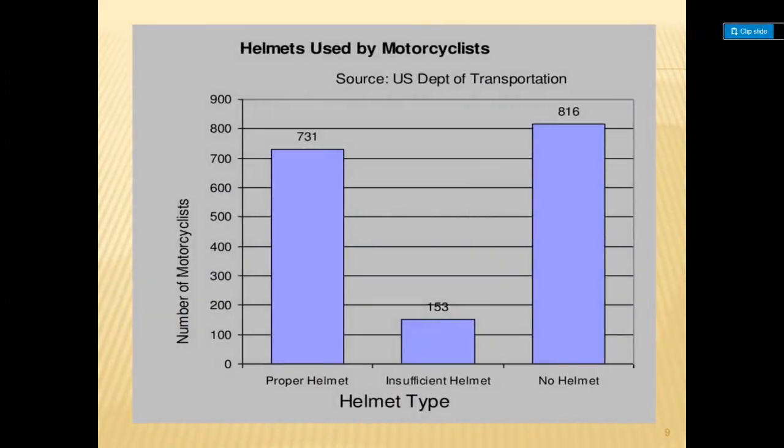This one is an example of a bar graph. Here you can see x-axis, y-axis. The title is also written, and you have to take a suitable scale for showing the graph. Bars are equidistant, that is, at equal distance from each other.